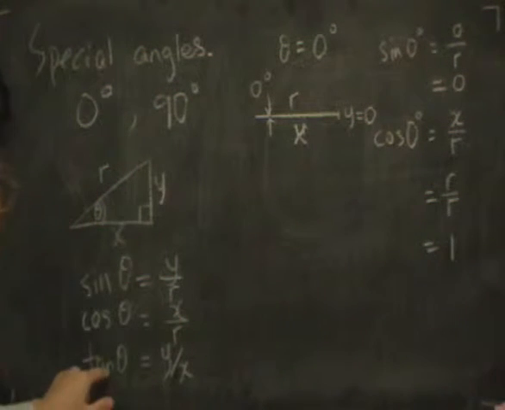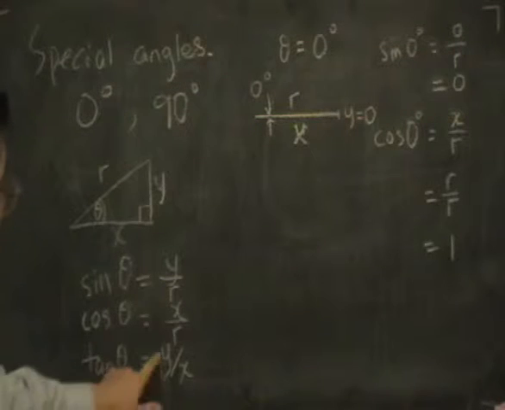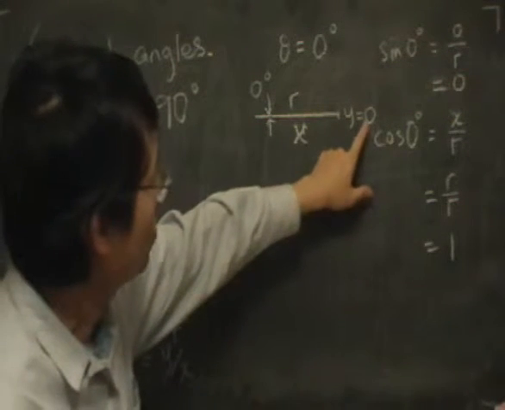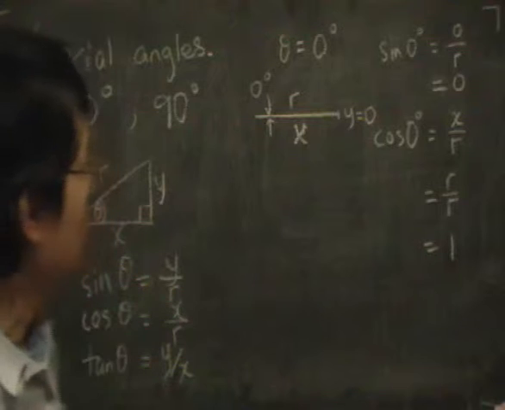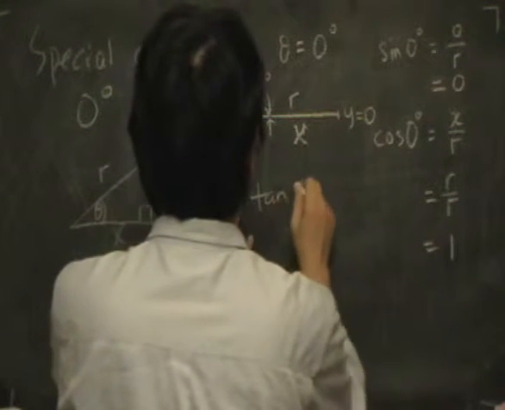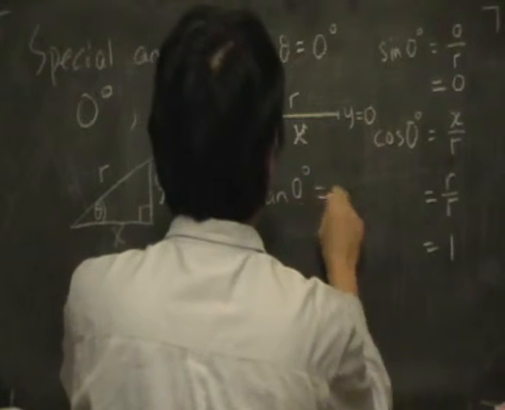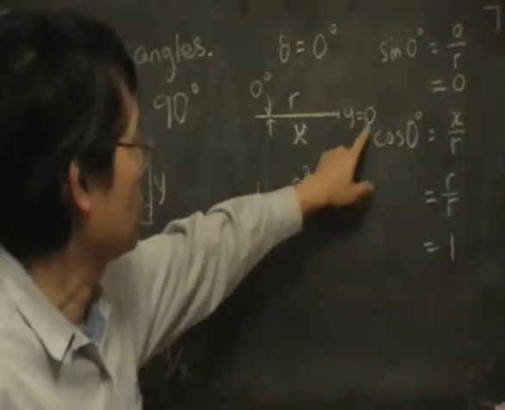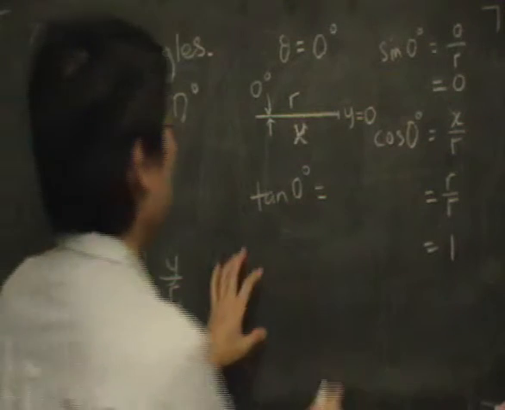Finally, tangent theta is y over x. We know y is 0 and x is some value. So tangent 0 degrees is 0 divided by x.